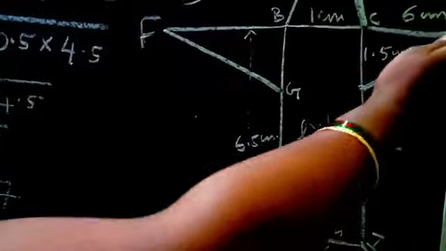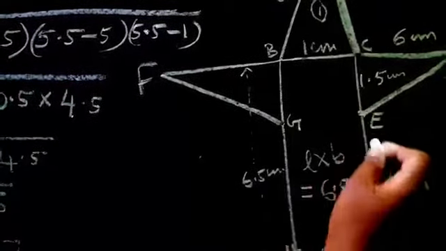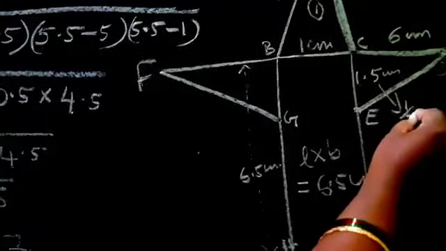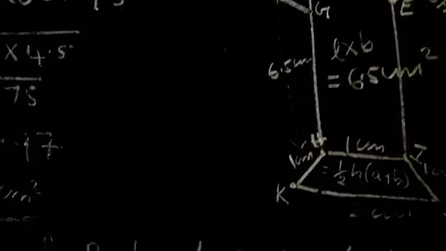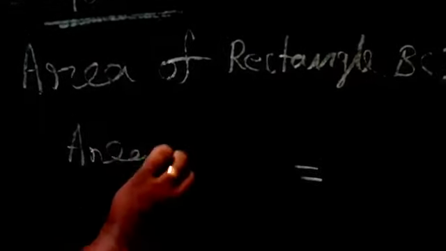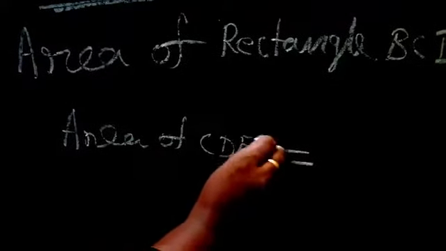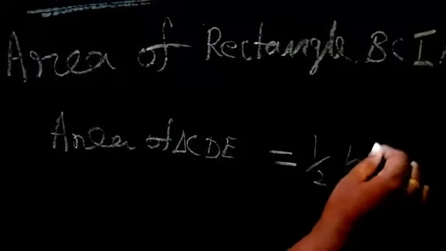We'll find the next part of this, CDE. What is the formula of this? Half into base into height. So we'll have here the area of CDE triangle. Half into base into height.